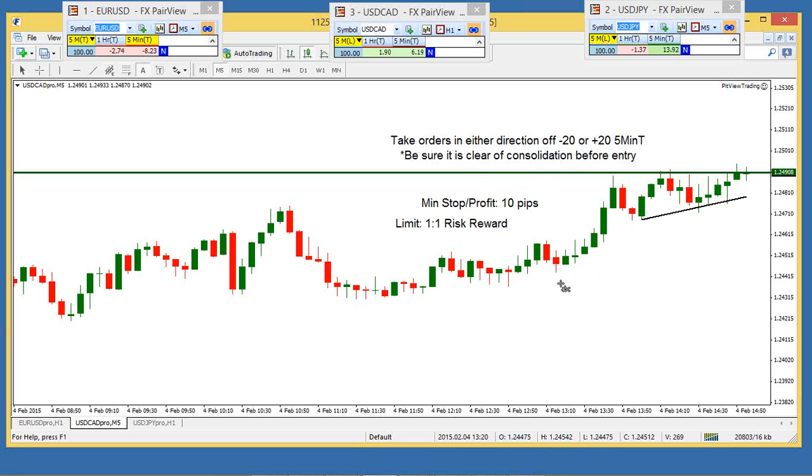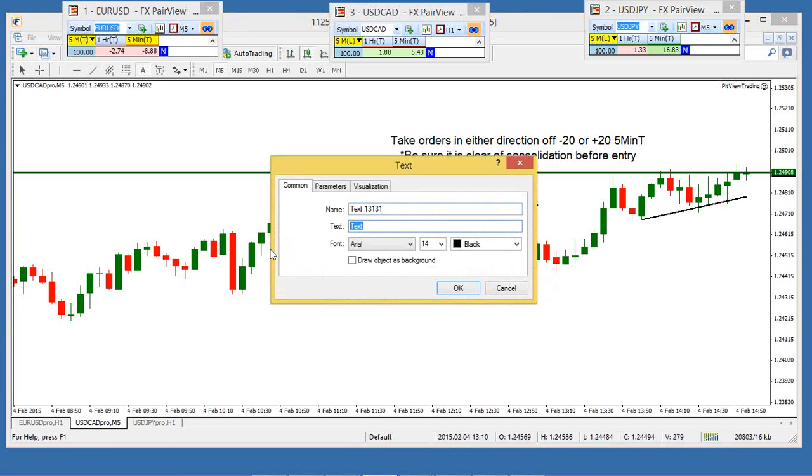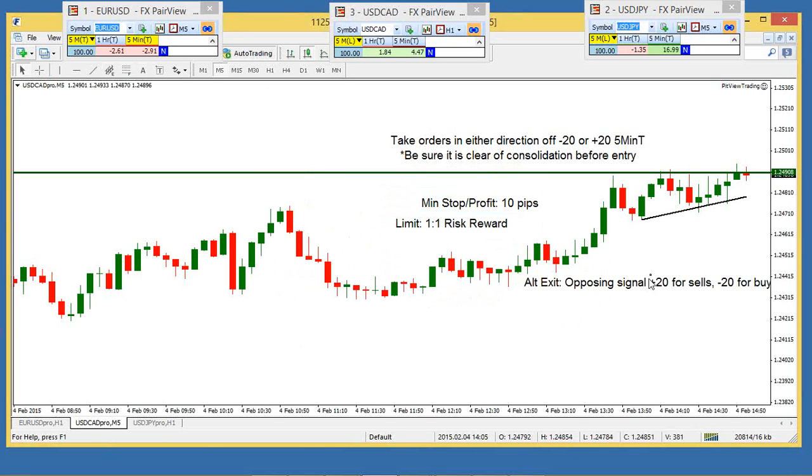And the alternative exit is the opposing signal: plus 20 for sells, minus 20 for buys.